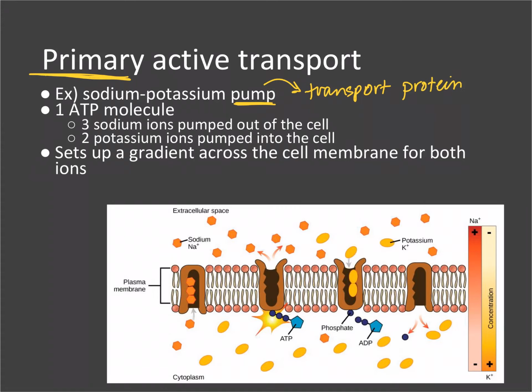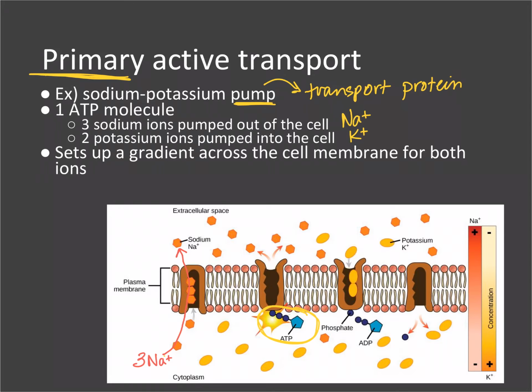Now with the sodium-potassium pump, it's actually specific to two ions. So it's specific to sodium and potassium. And if we look at our example here, for each ATP molecule that is expended in this process, there are going to be 3 sodium ions that are transported in one direction across the cell.